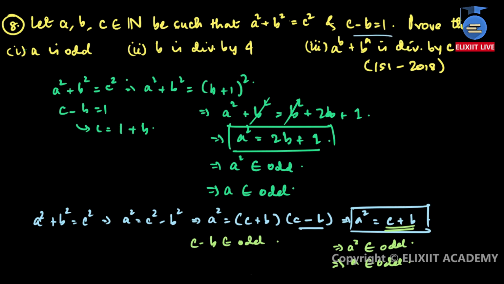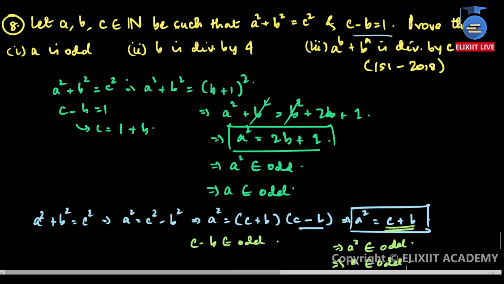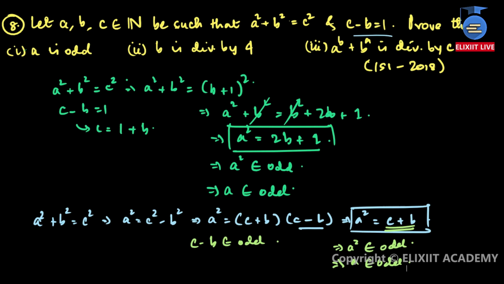If c minus b is odd, then one of c and b should be even and the other odd, so their difference is odd, which means their sum is also odd. Odd plus even is odd only.